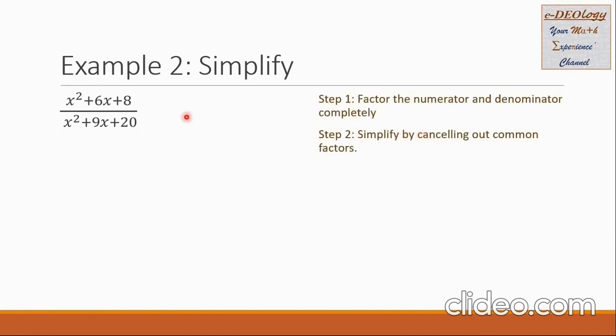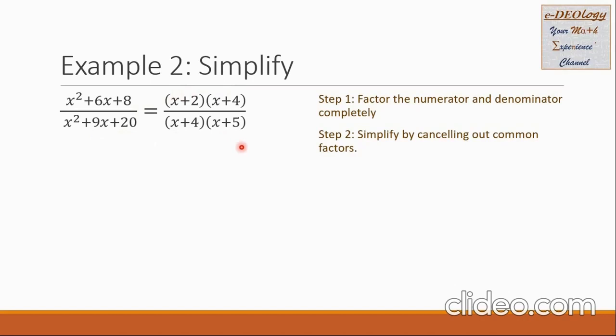Let us now do step 1. Factor the numerator and denominator completely. The numerator becomes x plus 2 times x plus 4. The denominator is factored out into x plus 4 times x plus 5.